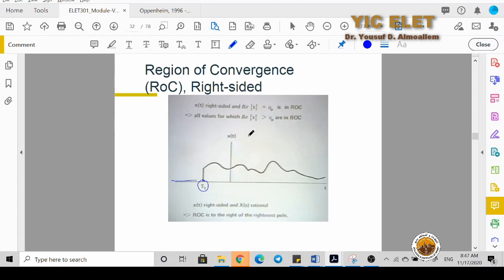So the region of convergence here will be greater than A0. If you draw it, with A0 for instance here, then everything greater than A0, all this area, will be our region of convergence.